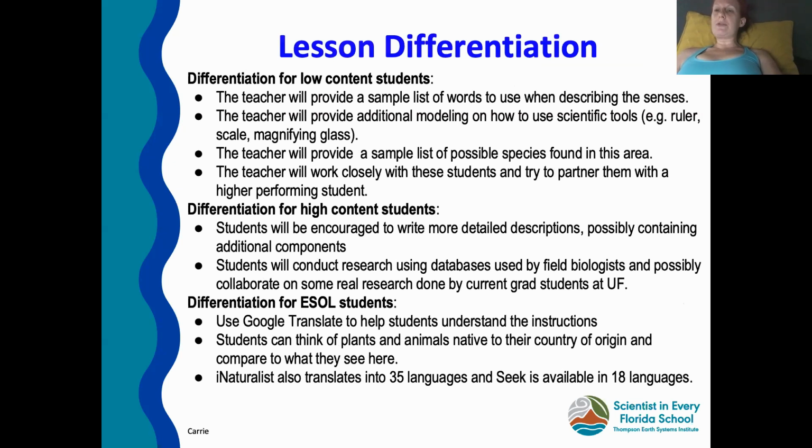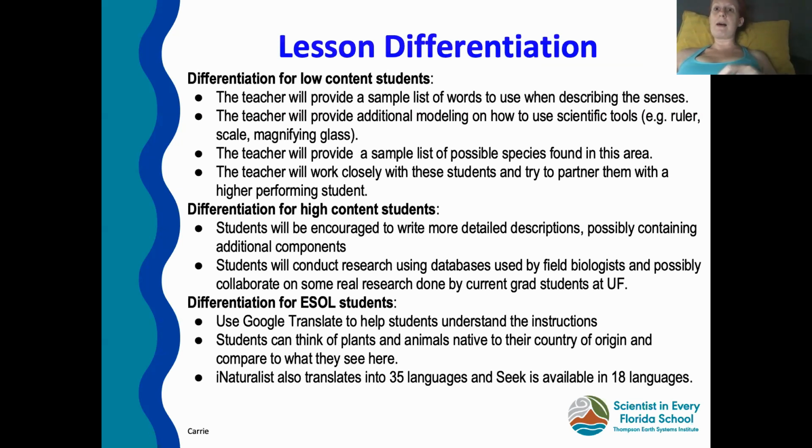So we looked at how to differentiate this lesson based on students' abilities. For some of our struggling learners, perhaps provide them with a sample list of words to use when describing their senses. Provide them with more instruction on how to use different tools. So let's say they go outside and we're comparing different types of leaves. Demonstrate again, like, how would I use a ruler?